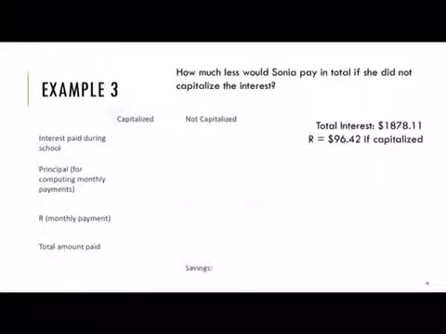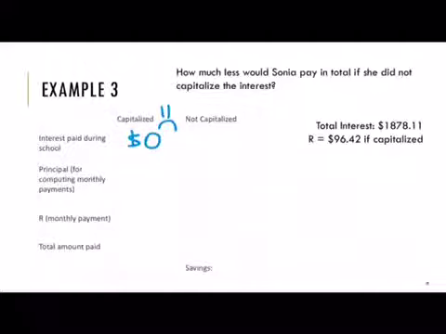Right? So in this situation where she capitalizes the interest, I'm going to put a frowny face just to remind us this is the one where the interest is not paid off. So we're going to see higher payments. In that situation, she did not pay any of the interest during school.